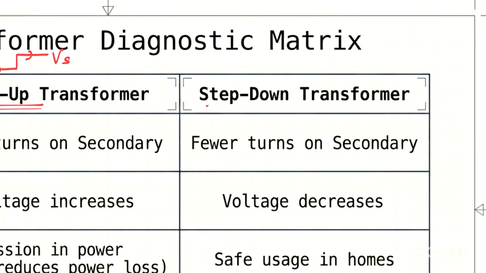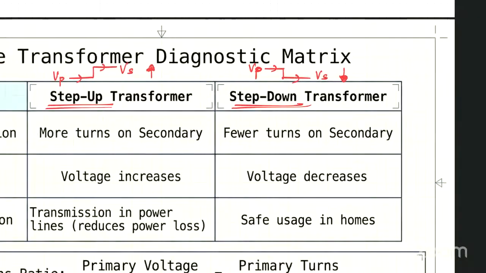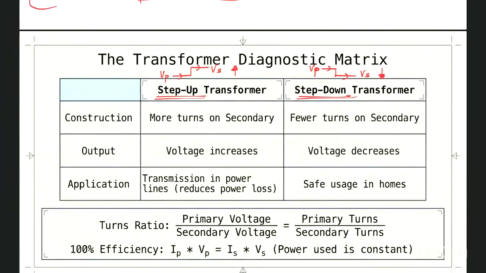And the other one is step-down: Vp is at a higher value, and Vs is a low value, so you are decreasing the voltage value. Here it is being increased and here it is being decreased.